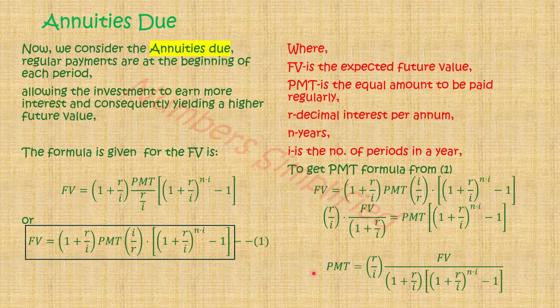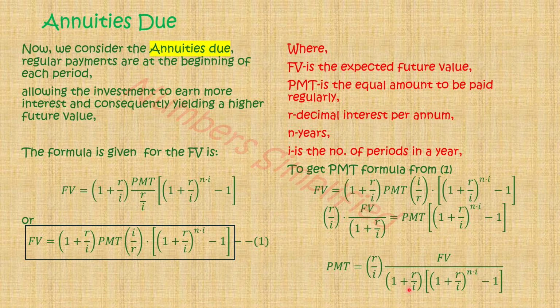And take note, the difference that we have between the PMT in the annuities due and the ordinary annuities is that the 1 plus R over I term is part of the denominator.